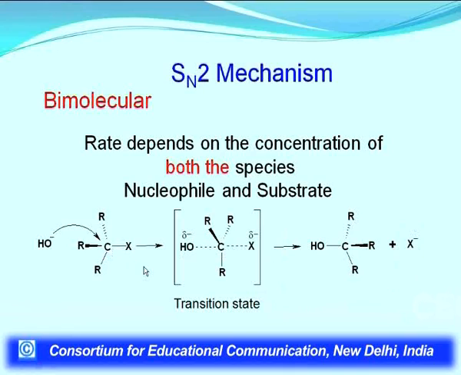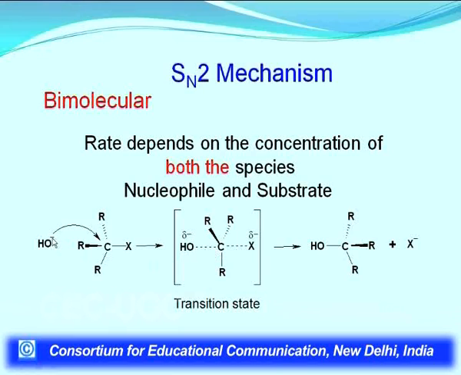Now, in order to further classify this reaction species, we call the nucleophile also the attacking species or the attacking group, and the group which is leaving, like here it is halide ion, we call a leaving group. This reaction passes through a transition state in which the carbon is partly attached to the leaving group and has partly formed the bond with the attacking group.